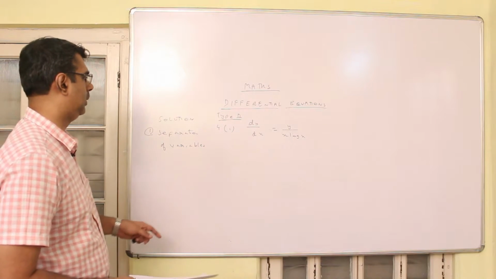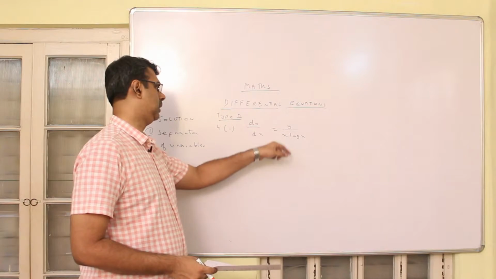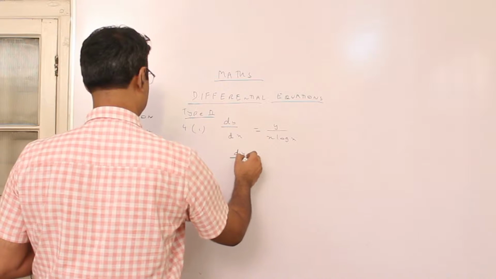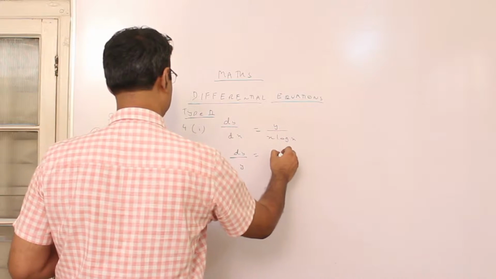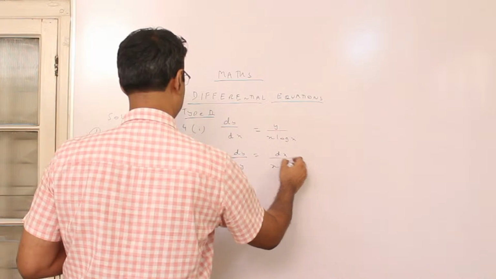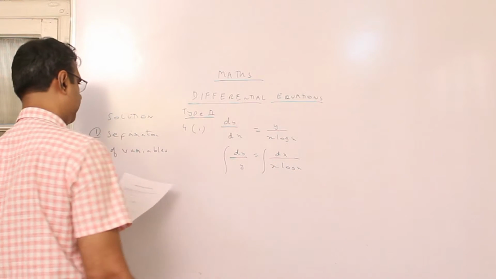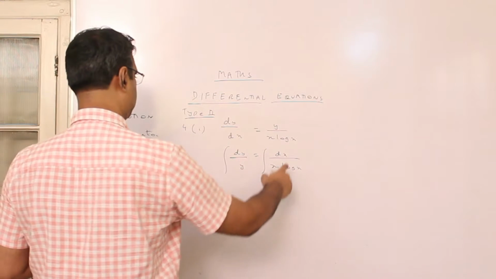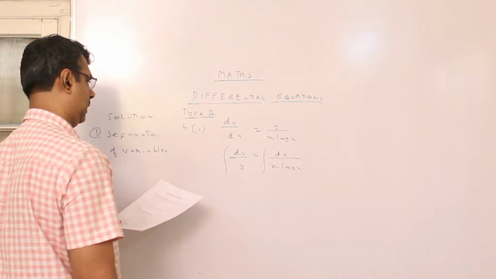In sum number 4 part 1, you have dy by dx equal to y divided by x log x. So you can write this equation as dy by y is equal to dx by x log x.